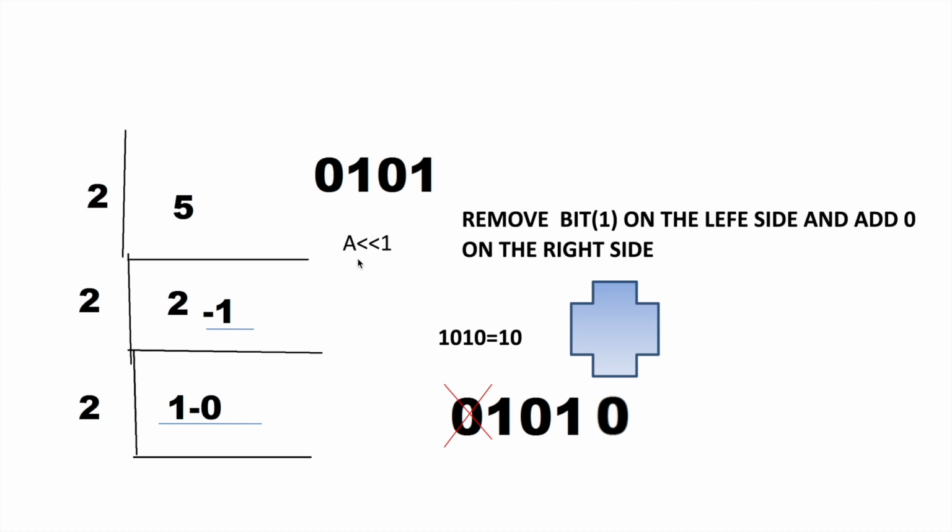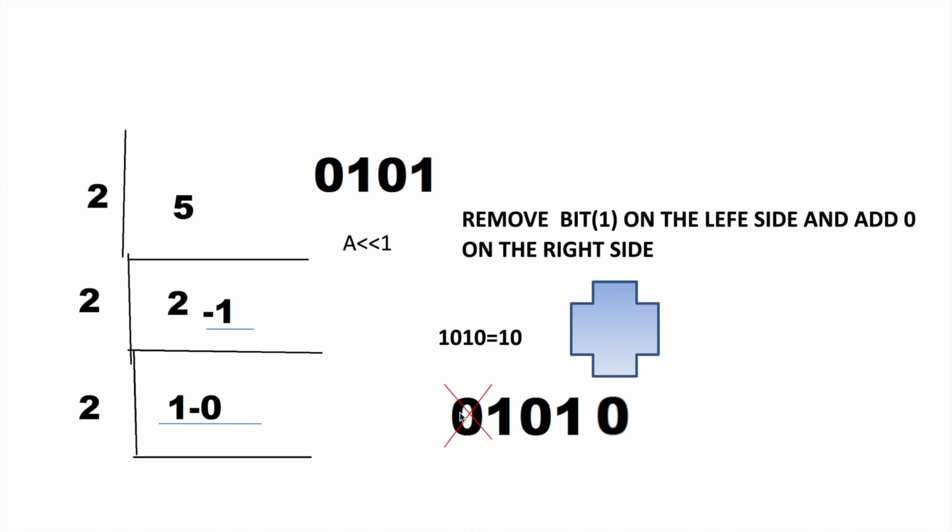Now, see, this is the left bitwise operation. How am I going to do this? The left side bit should be removed. What is my binary value here? 0101. I will remove the left bit and I will add 0 on the right side. I removed the left bit, the 0. When I remove 0, only 3 bits are left: 101.